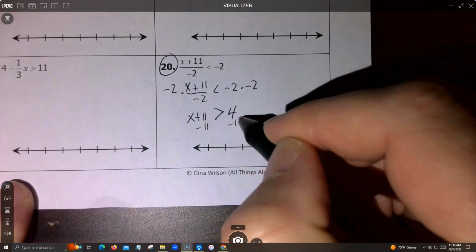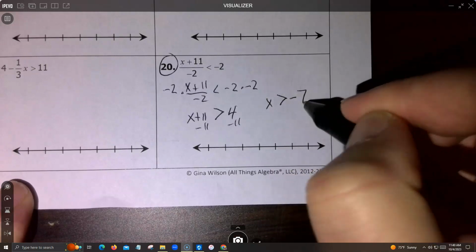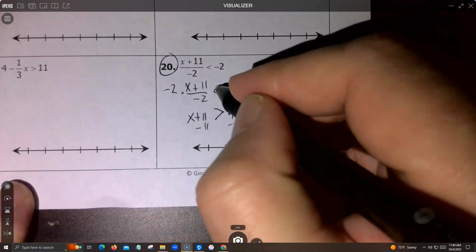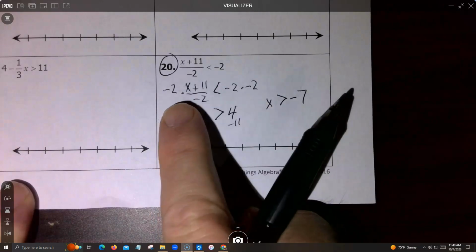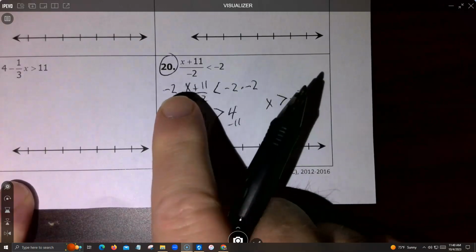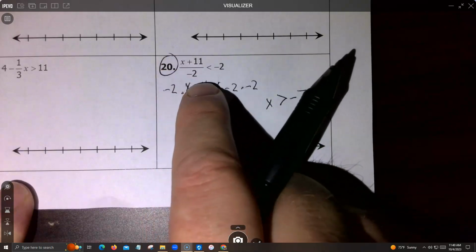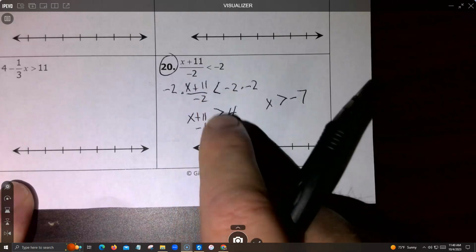I don't have a lot of room here, but I'll get x is greater than -7. Be careful. The only thing you have to remember is that symbol has to flip whenever you multiply or divide by a negative. Remember, technically this whole thing, the variable is a negative, and you now made it a positive, so the symbol has to change direction.